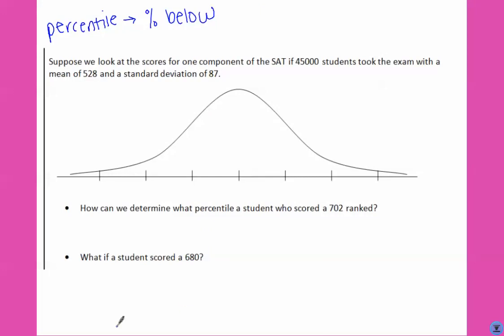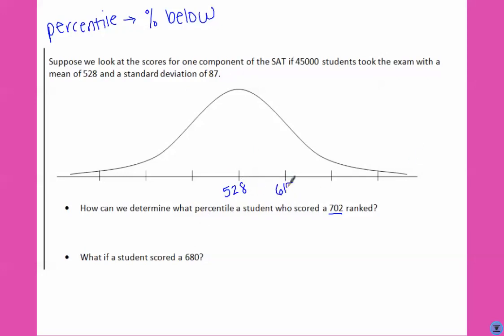So, suppose we look at the scores for one component of the SAT. If 45,000 students took the exam with a mean of 528 and a standard deviation of 87, so we know we're going up or down by 87s, how can we determine what percentile a student who scored a 702 ranked? So we need to figure out where 702 is on this graph. We're going to do that by taking 528, adding 87, moving up.